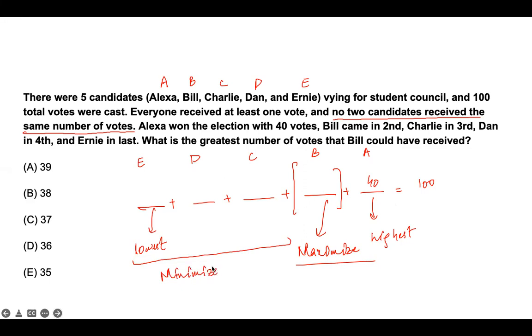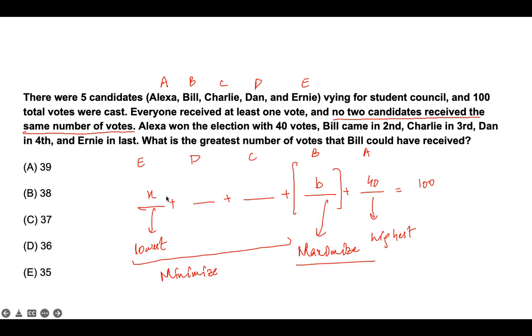So now let's see how we can do this. For example, Bill received B number of votes, and for Ernie, for example, X number of votes. So I want to minimize these 3, keeping in mind that all of these are distinct.